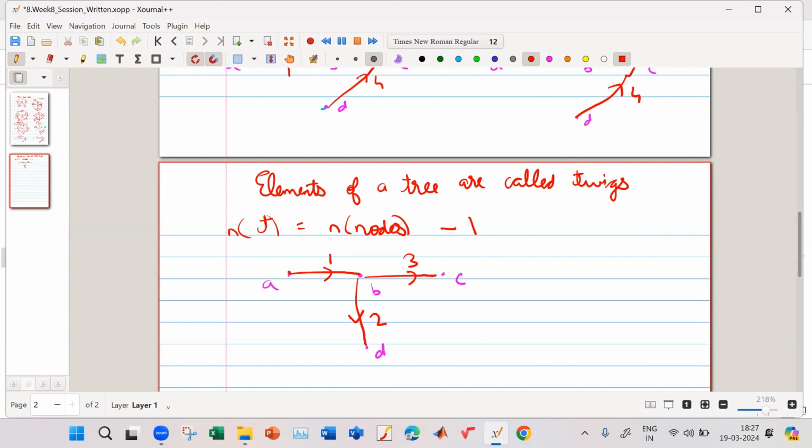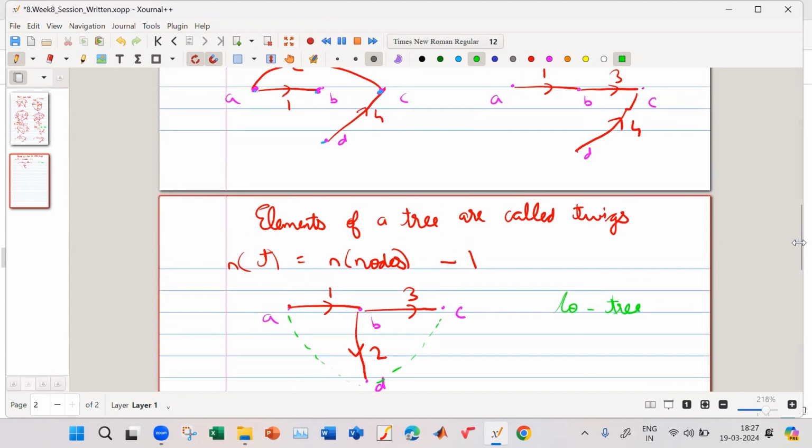Now this is my tree. What will be my code tree? A code tree can be represented by a dotted line. Where will I draw the dotted lines? Between the nodes: A to D, D to C, and C to A. Right?